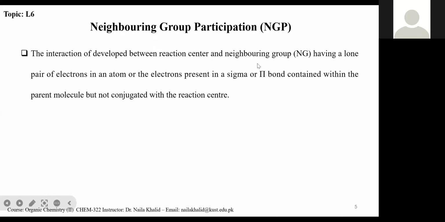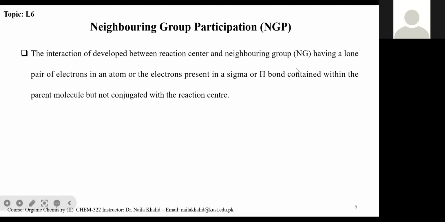It may be at an adjacent position or some other position, but in such a way that it can develop an interaction with the reaction center so that it can influence its further reaction. So it will attack the reaction center, and that is why it influences the removal of the leaving group.